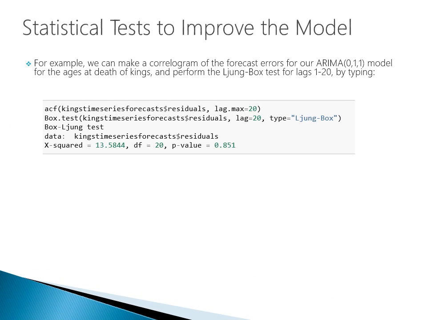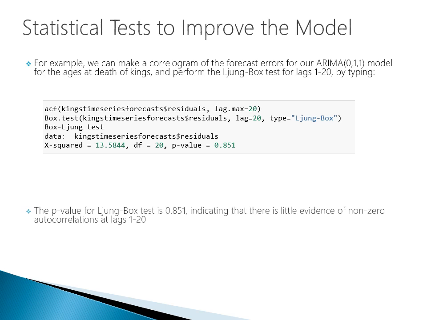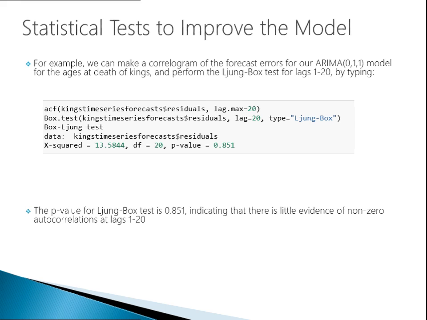For example, we can make a correlogram of the forecast errors using our ARIMA(0,1,1) model for the ages at death of kings and perform the Ljung-Box test for lags 1 to 20 by typing the following. The p-value for the Ljung-Box test is 0.851, indicating that there is little evidence of non-zero autocorrelations at lags 1 to 20.